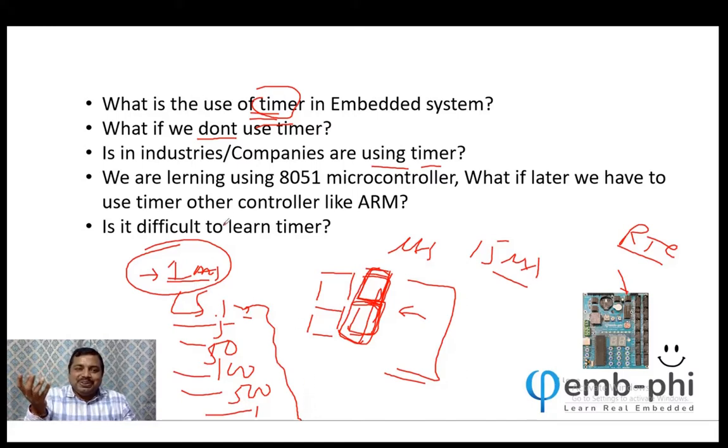So you are asking whether timers are used in industry? Yes, in every product, not one, hundreds of timers we use. It's very much important. We have to use many variants of timer. That much important it is. So I hope you understand.